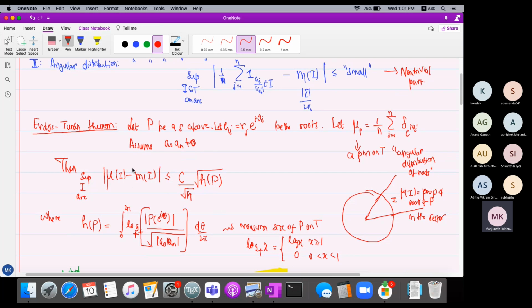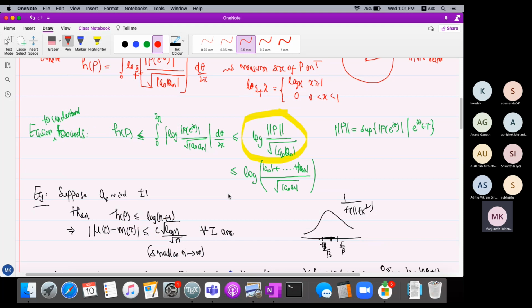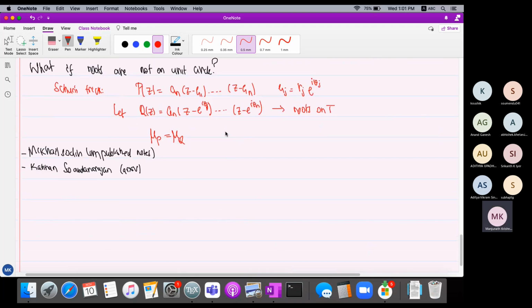Okay, so we already know this for q. So what I'm saying is it suffices to show that h(q) over n is less than or equal to h(p) over n.